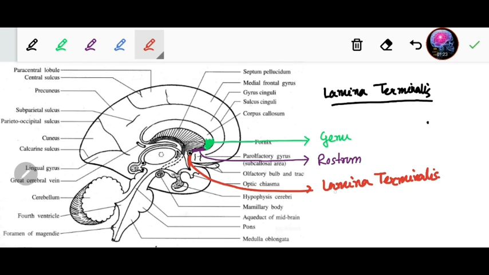The lamina terminalis represents the cranial end of primitive neural tube, and it extends as a thin sheet of gray matter from the rostrum to the upper surface of optic chiasma. This is the optic chiasma. So lamina terminalis is extending from the rostrum to the upper surface of the optic chiasma.